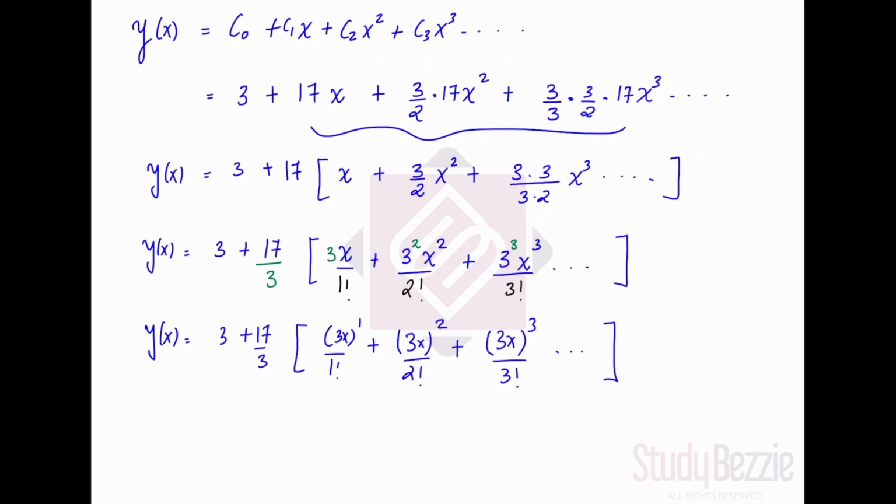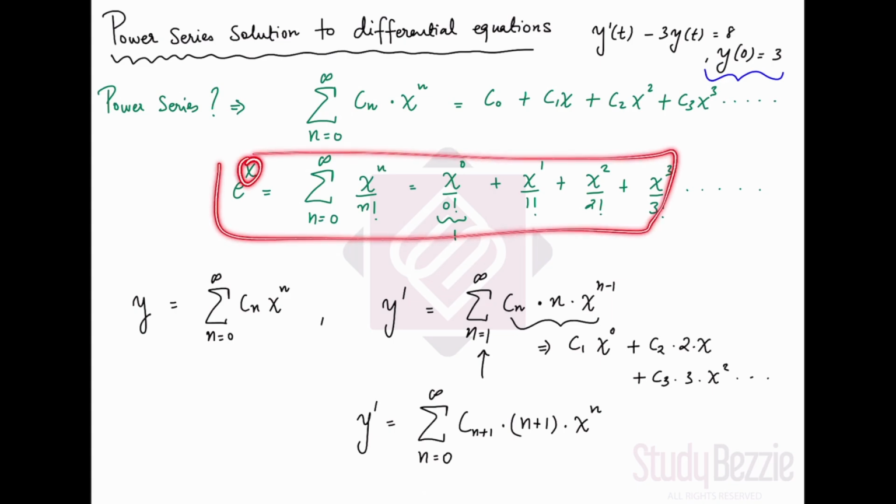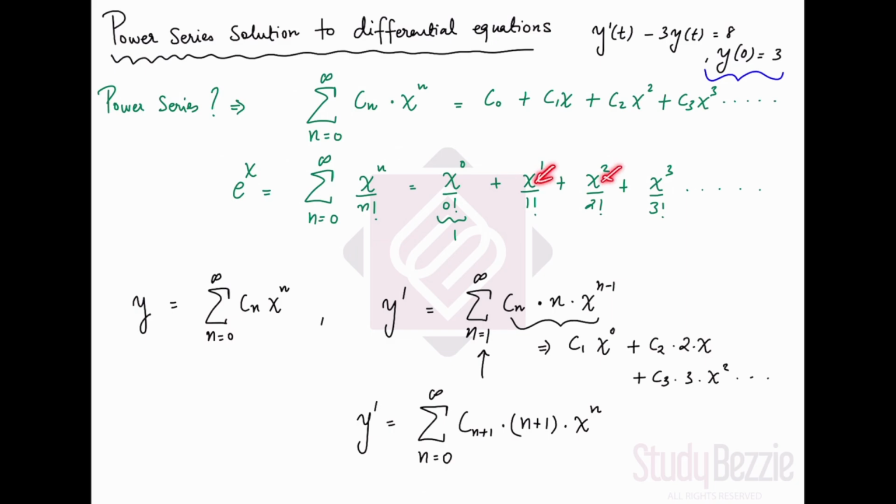Because remember, I don't know if you guys have learned it before, but I'm going to show you. If you have e to the power of x written like this, where whatever that thing is lands up here in terms of x, then you can also know that if you want to write the expression of e to the power of 3x, that would mean a summation from 0 to infinity of 3x to the power n divided by n factorial. So whatever was x now gets replaced by 3x.